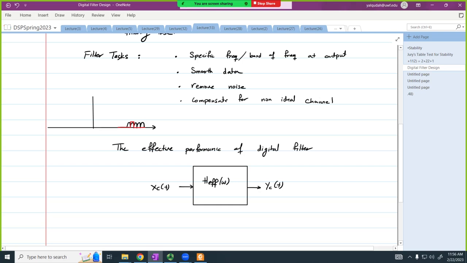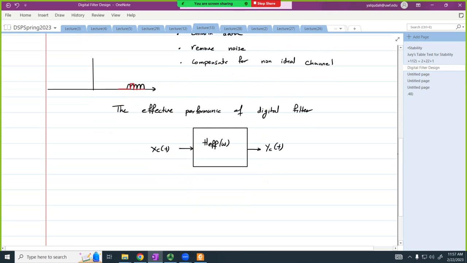So the digital filter in the system that we talked about above is going to be equivalent to having a filter H effective of W. So if I have the H effective filter that I'm trying to design, given this desired H effective of W, how do you design H of Z? Is that clear? That's what we're trying to do.